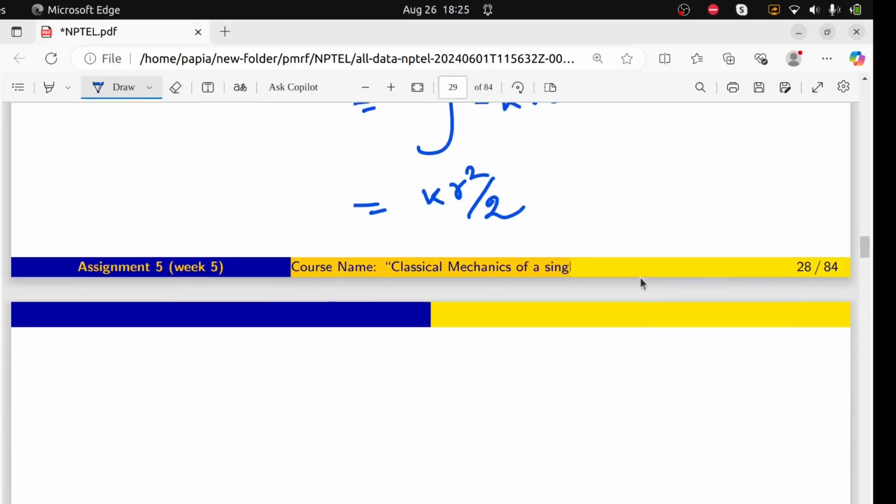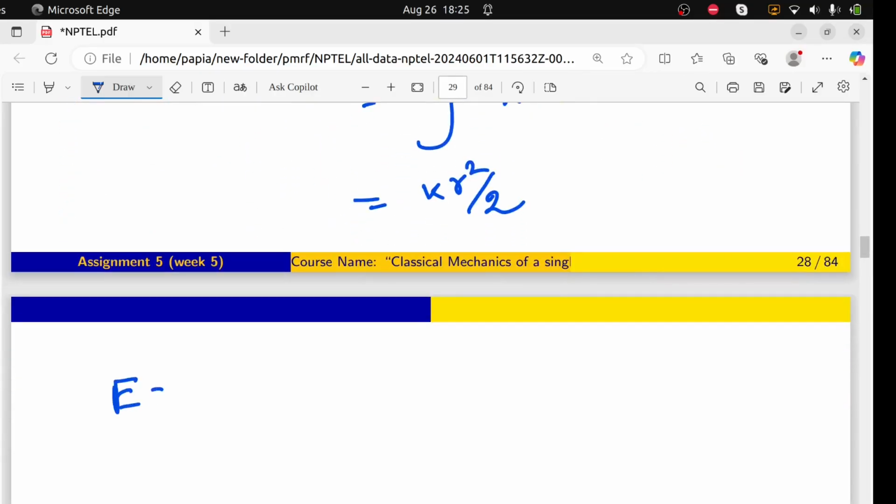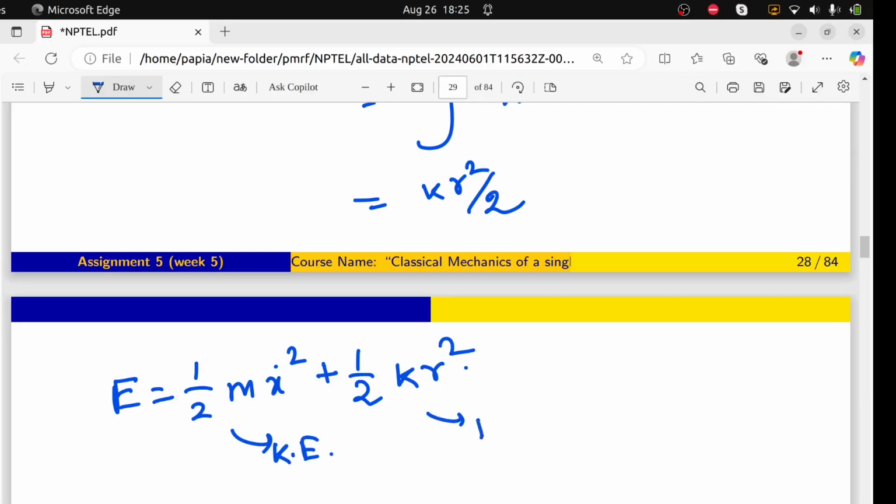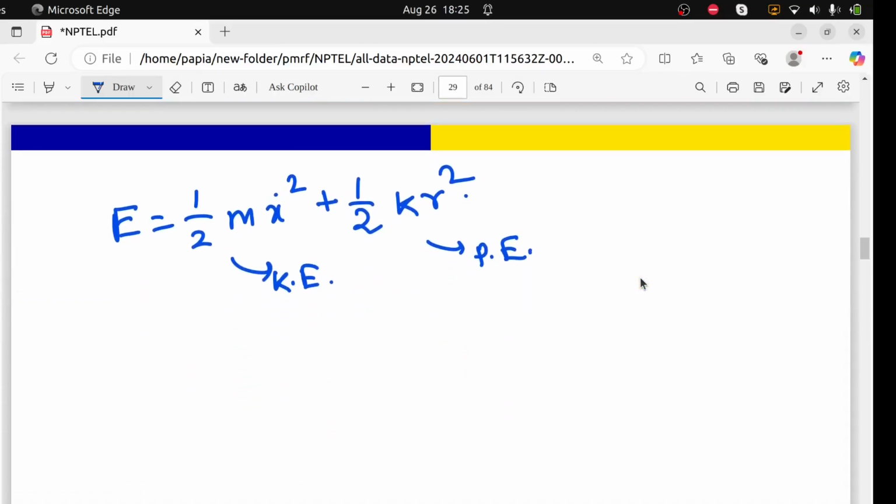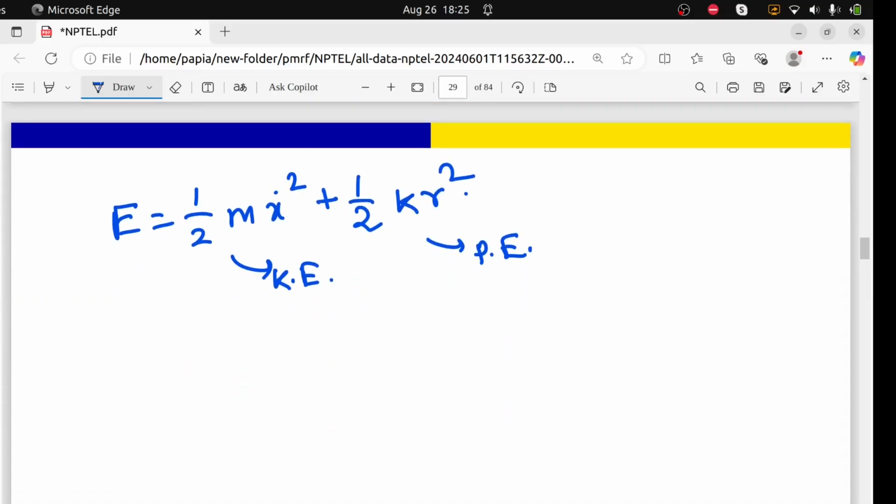So I can write the total energy E as half m x dot square plus half k r square. This is the kinetic energy, this is the potential energy. This is the total mechanical energy.